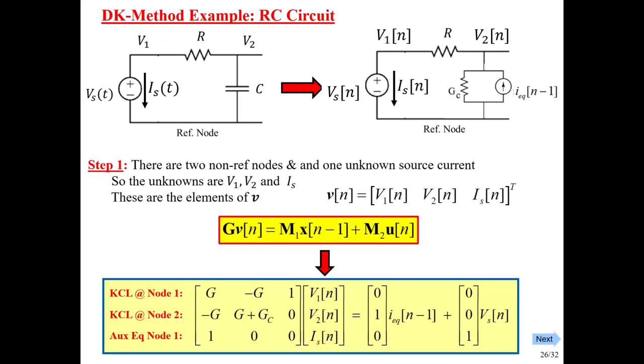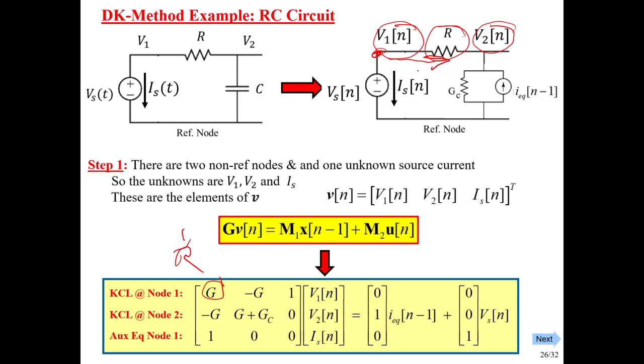Let's go through this. KCL at node 1. So here's node 1. I've got this resistor, so this G is going to be 1 over R. So it's V1 minus V2 divided by R gives me the current that way. So that's the current out of the node.